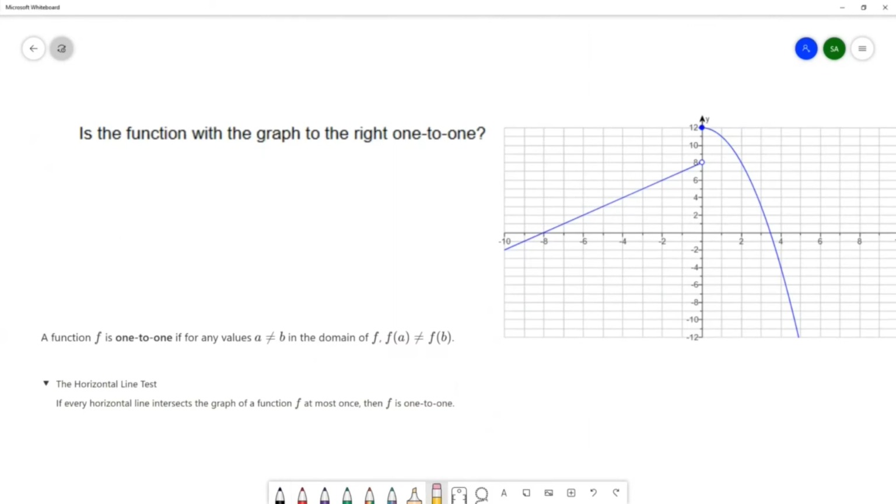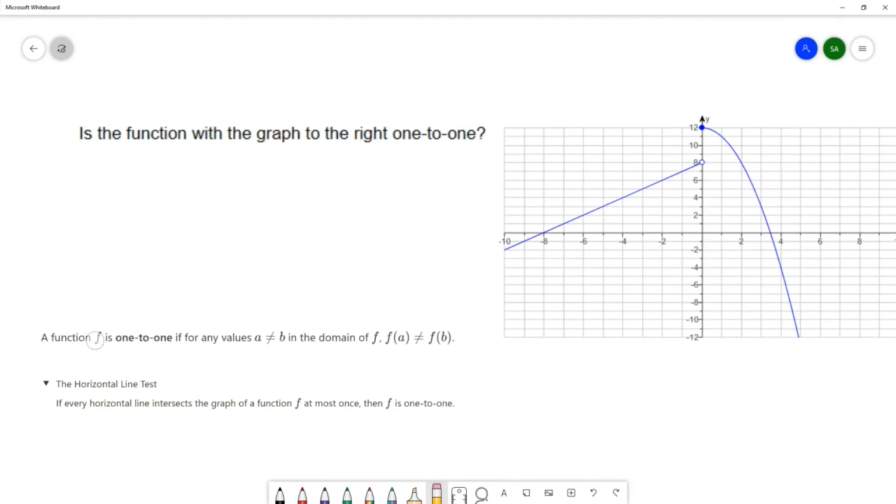For this question, what we want to know is whether the function with the graph on the right is 1 to 1. So we're given this picture and we want to know if this function represents a 1 to 1 function. So I have here the definition of 1 to 1.